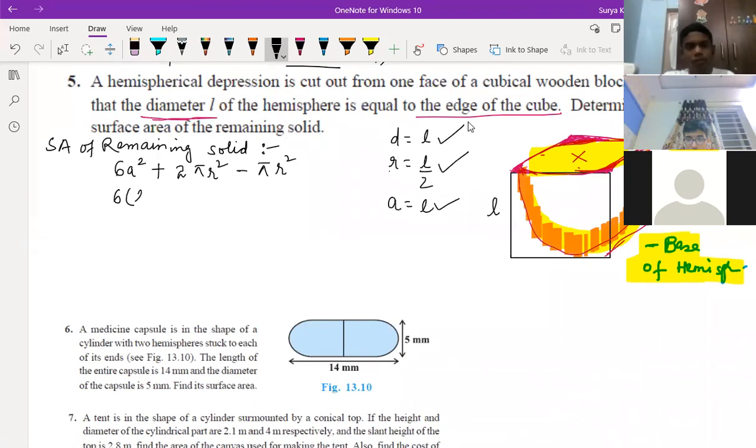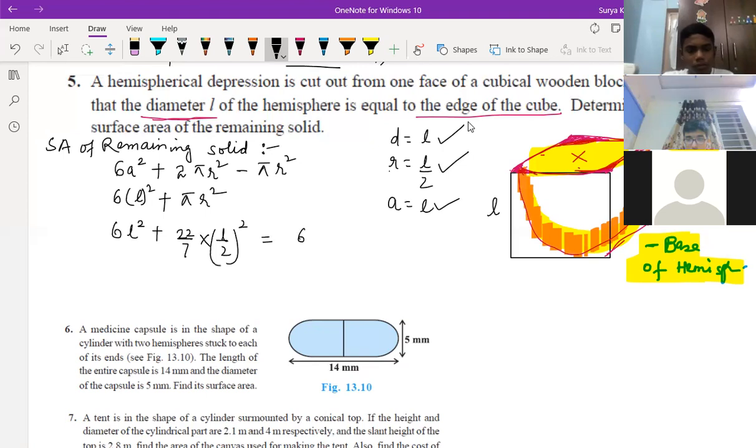A is nothing but L, so 6L square plus pi r square. Pi is 22/7, and radius is L by 2, whole square.